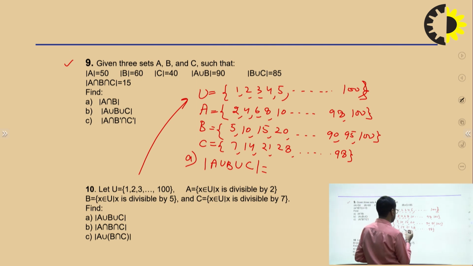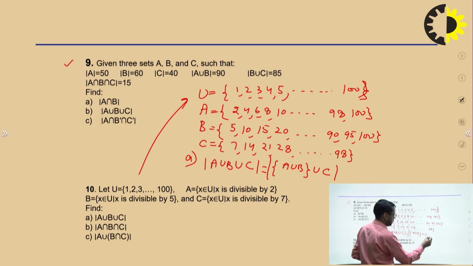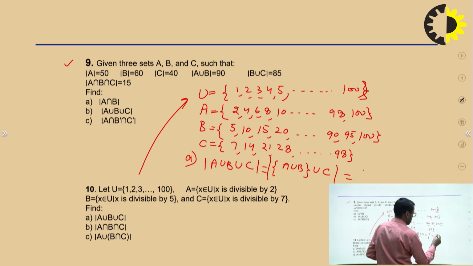What are they? 2, 4, 6. The elements belong to A union B, A union B union C. Now, the number of elements that belong to A union B are 5, 10.